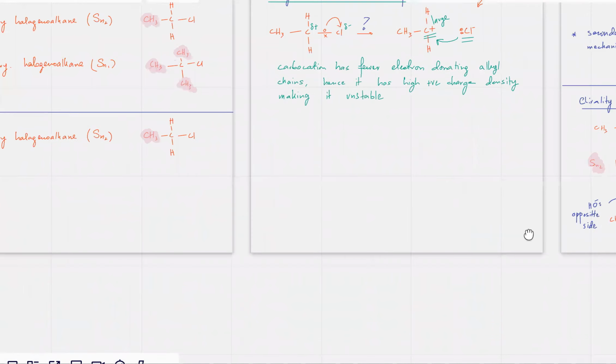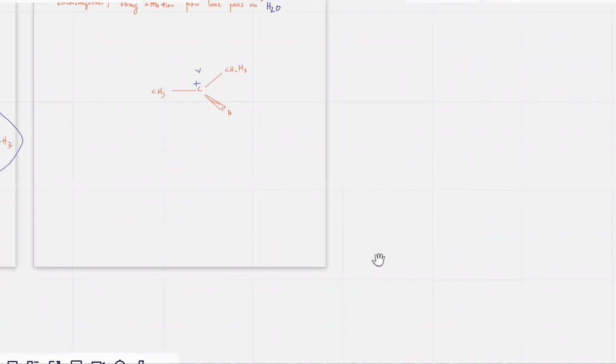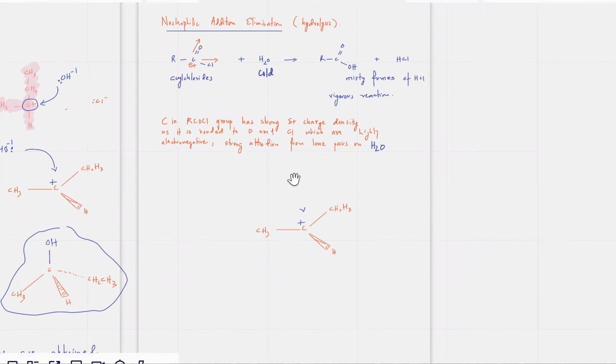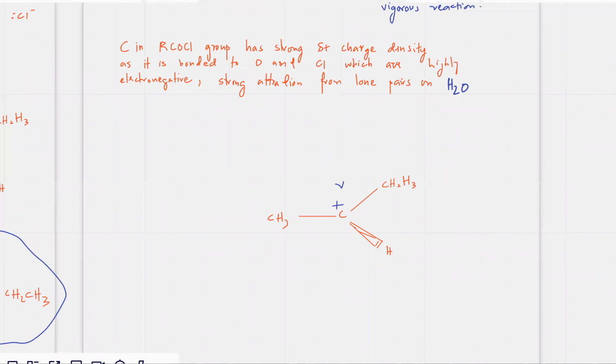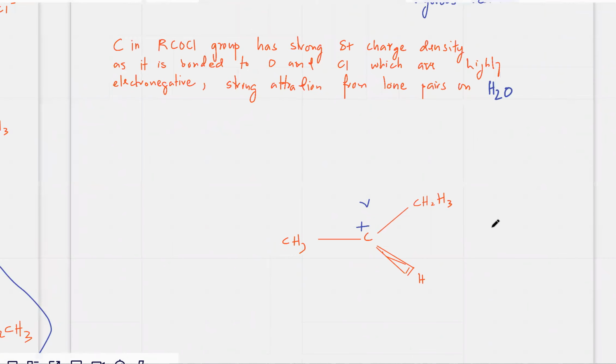Just a second. So we're going to do the mechanism of this reaction. What happens in this reaction, I'm going to do it here. The mechanism of this reaction is very important.